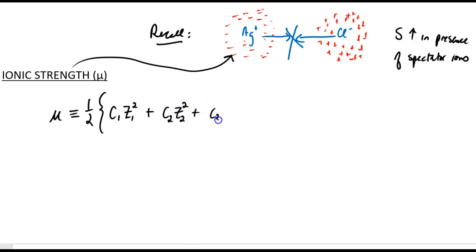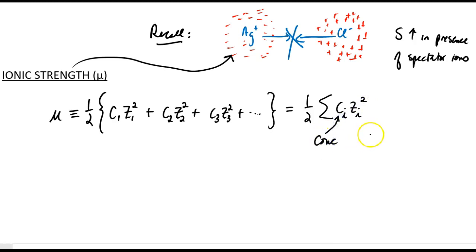And you keep doing that depending on how many spectator ions you have in solution. So we could rewrite this equation as 1/2 times the sum of C sub i times Z sub i squared, where again the C is the concentration of the spectator and Z is the charge of the spectator.